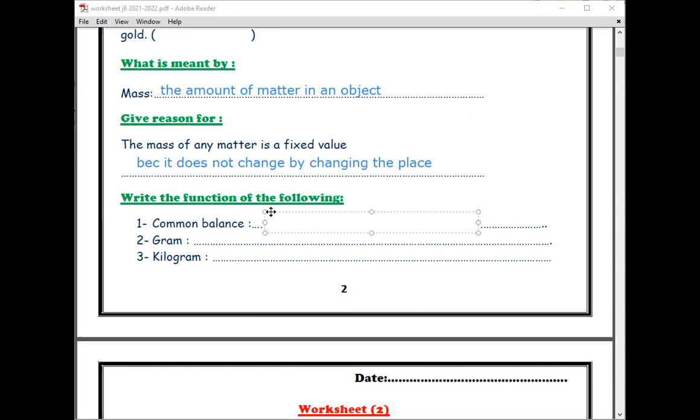It's a tool used to measure large masses like fruits or vegetables.